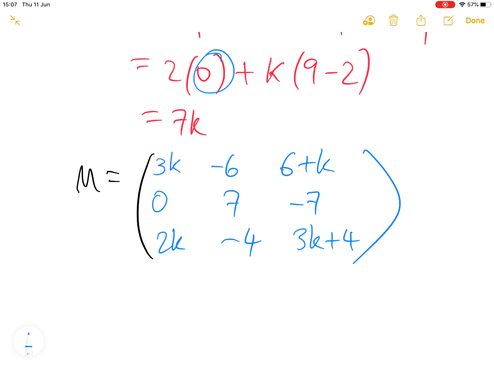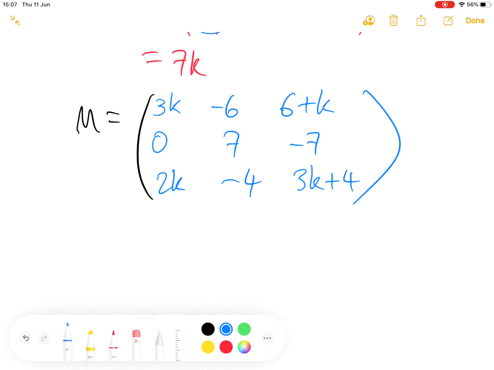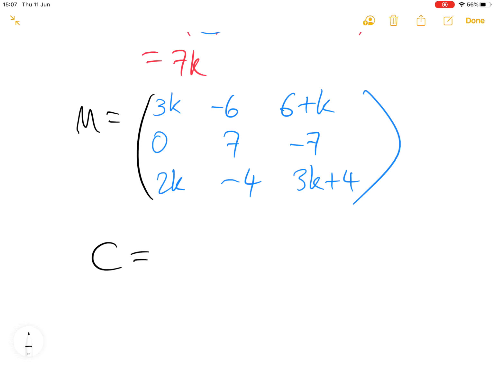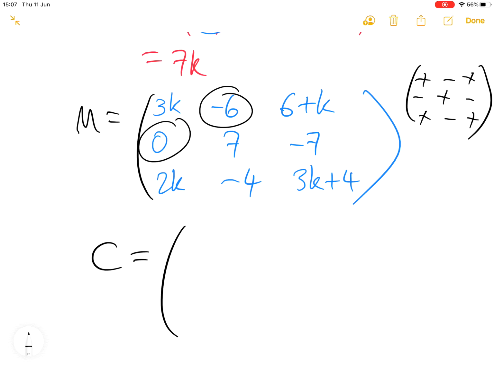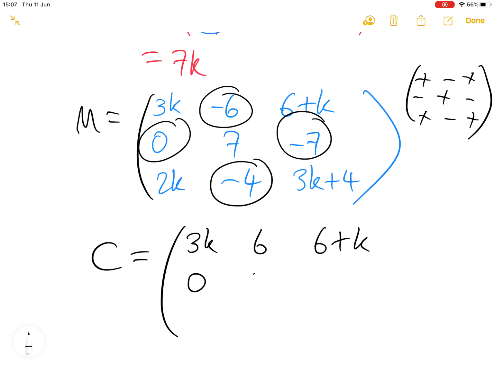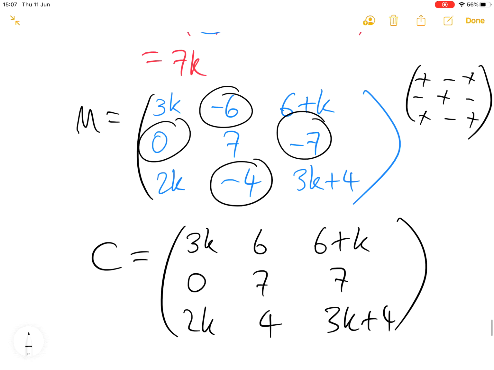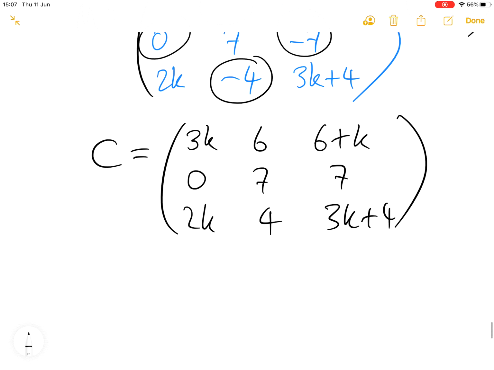So the next step is to find the matrix of cofactors. To do that, we need to use the plus minus plus to negate these 4 entries. So we're going to get 3k, 6, 6 plus k, 0, 7, 7, 2k, 4, 3k plus 4. That looks good.